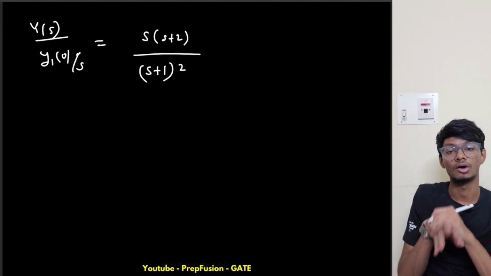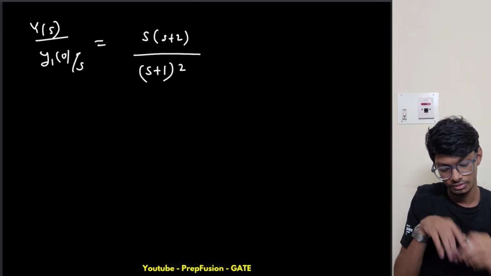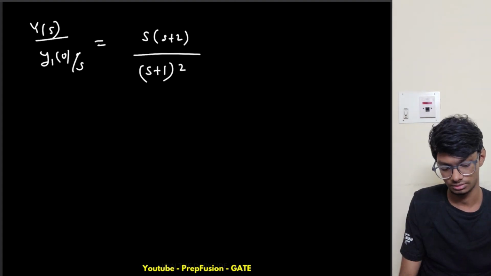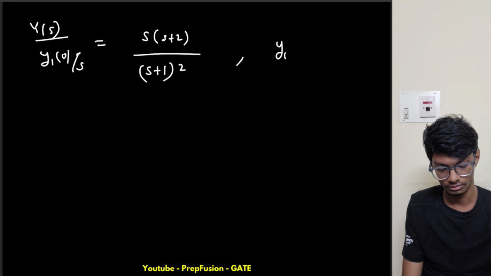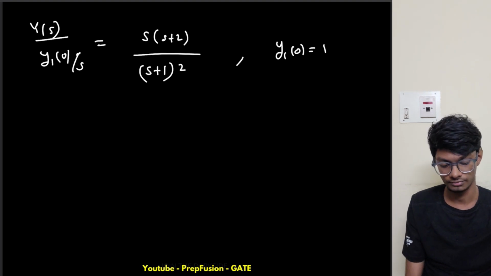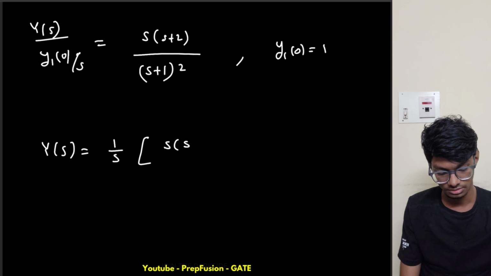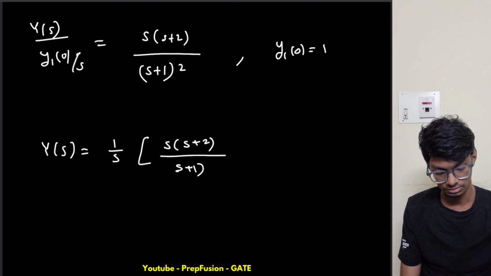Now I have to find the output response. I will put the value of y1 of 0. What is y1 of 0? It is 1 only. So what is my Y of s? It is 1 over s times s times s plus 2 divided by s plus 1 whole square.